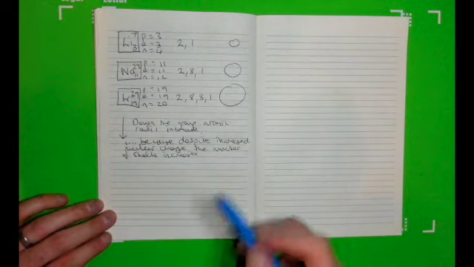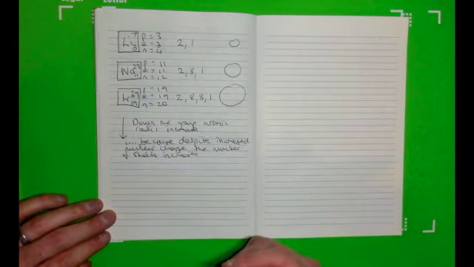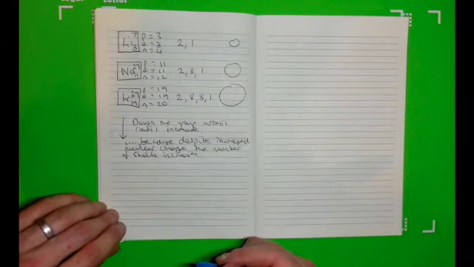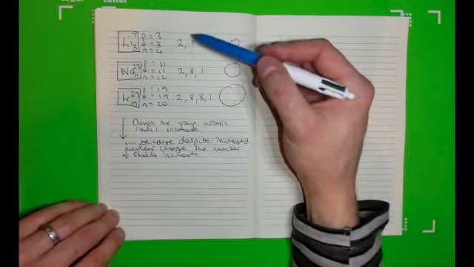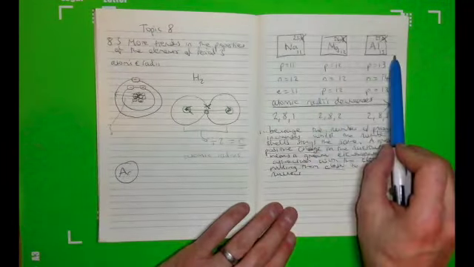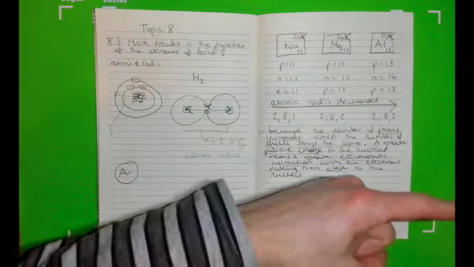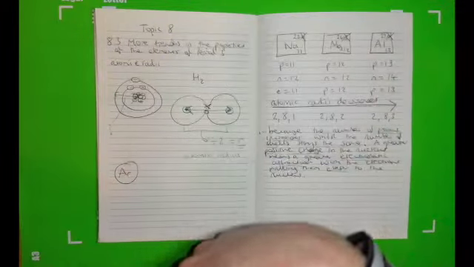Okay, so the number of shells increases, and that's what increases the atomic radii. So as you go down a group, the atomic radii increase. As you go across a period, the atomic radii decrease. So it's decreasing this way, but increasing that way.